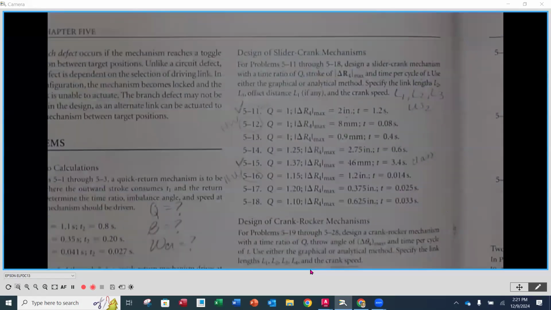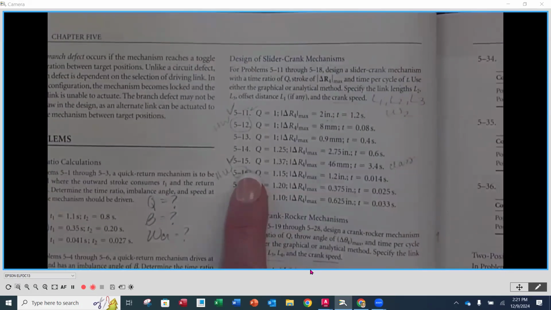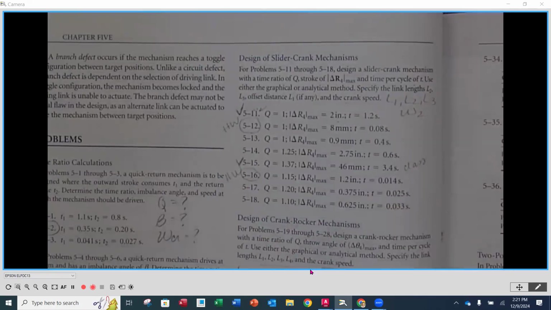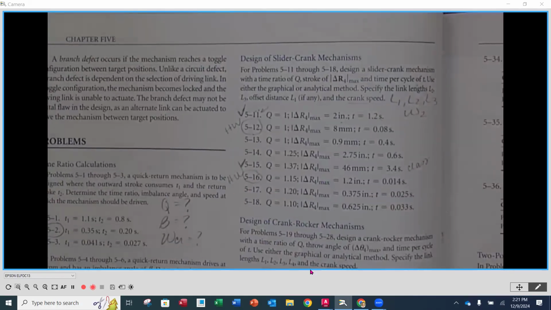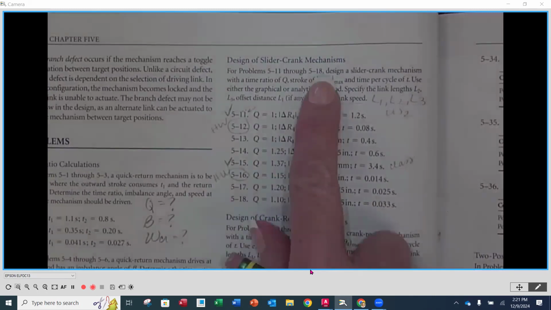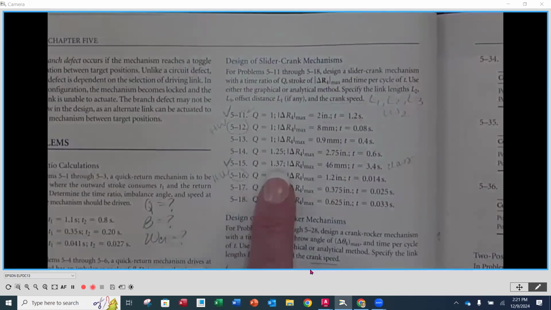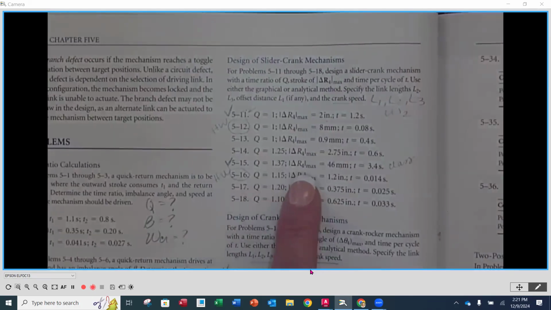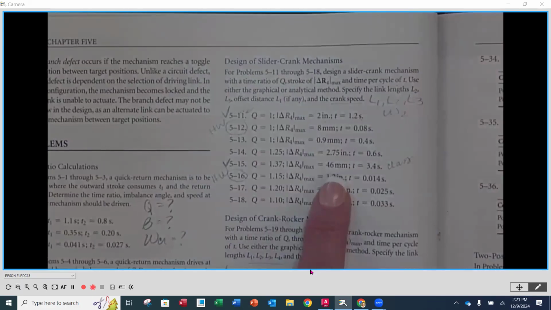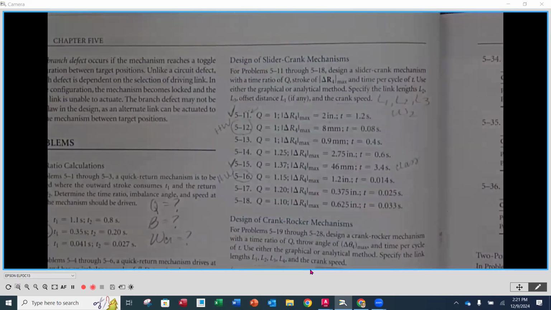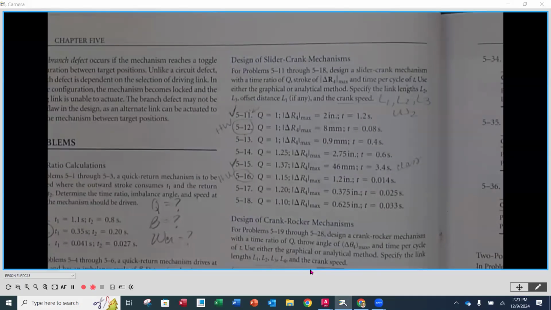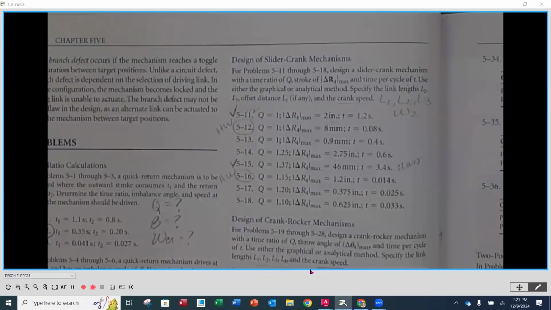We're given a Q of 1.37, a stroke of 46 millimeters, and a total cycle time of 3.4 seconds. Now, we need to find L1, L2, L3, and W2.